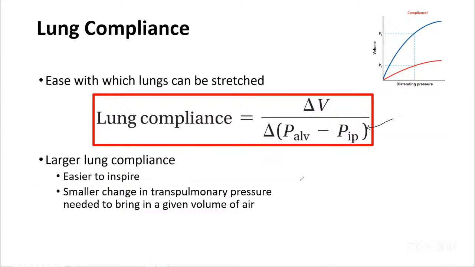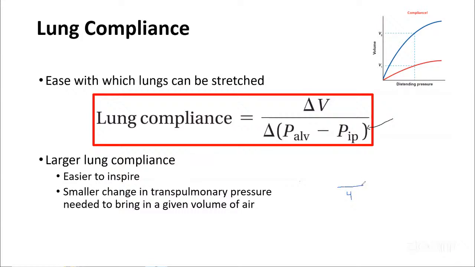So for our imaginary numbers, pressure in the intrapleural space is usually like -4. Pressure in the alveoli is bouncing back and forth between -1 and +1, crossing 0 in the middle. So I'm going to give you a 4 as our fakey fake number here on the bottom for our transpulmonary pressure.